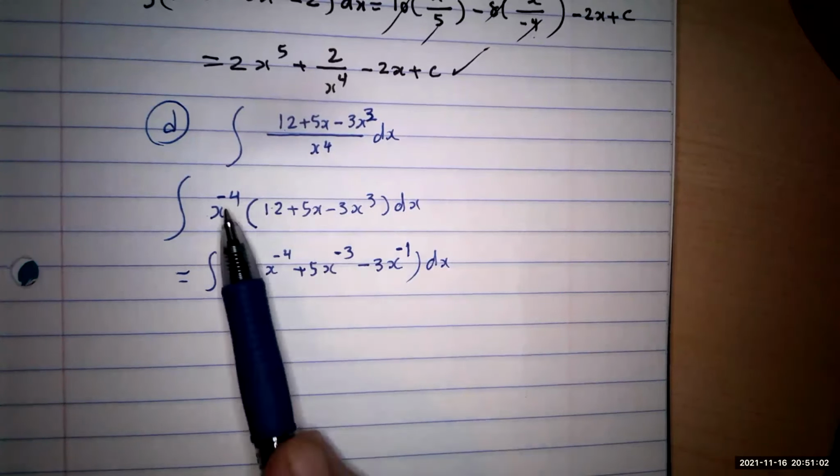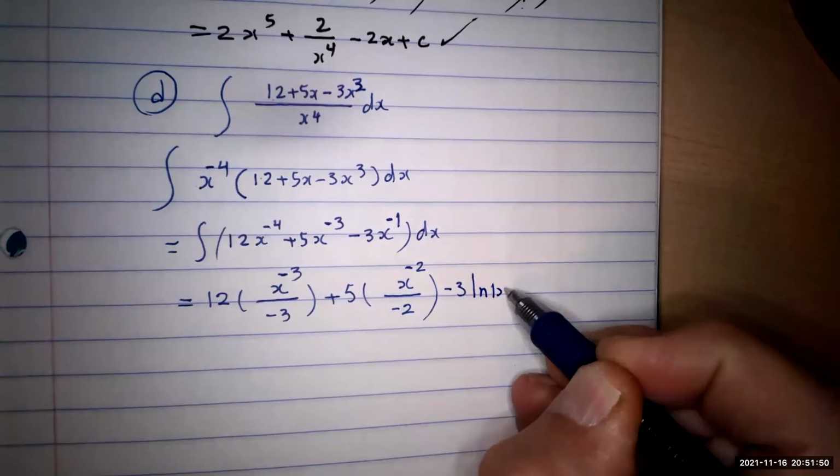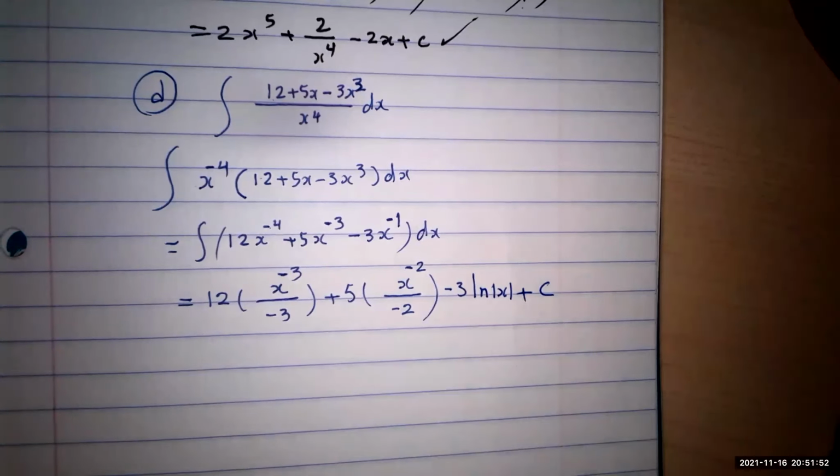Now this is interesting. x to the negative 1. Remember, for the negative 1 you cannot add because that gives negative 1 plus 1, which is 0. But we know that x to the negative 1 is like 1 over x, and this is the derivative of the ln function. ln of the absolute value of x plus the constant C.